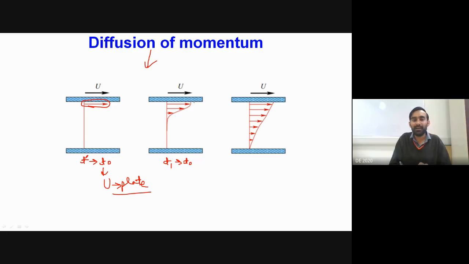Here slowly you will find that velocity will start diffusing in the downward direction to the other fluid layers. And once the situation becomes fully developed, we will find that the top layer has velocity equal to u, the bottom layer is at 0, and in between we will have some velocity profile.